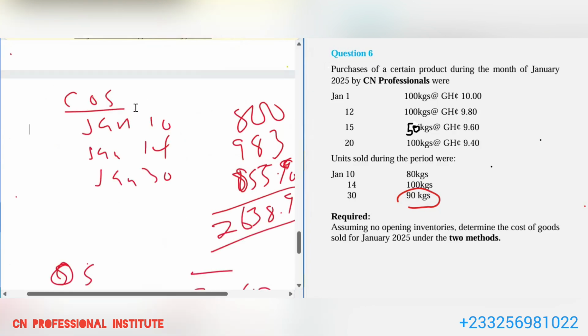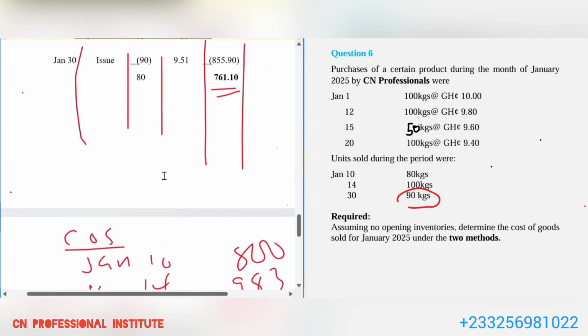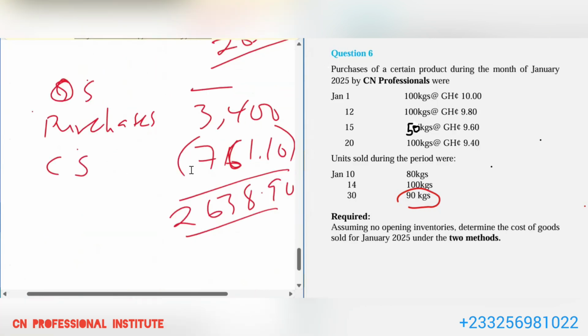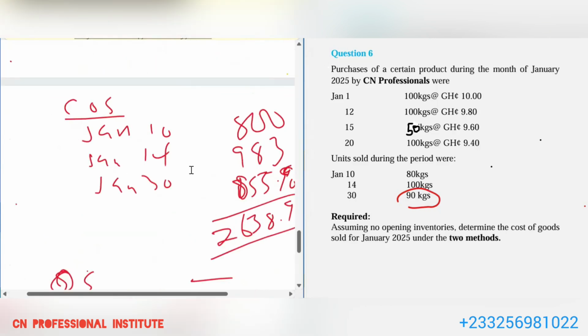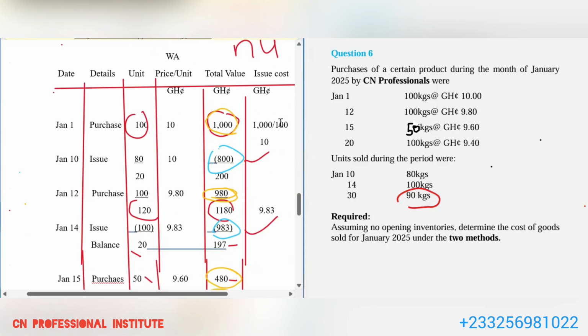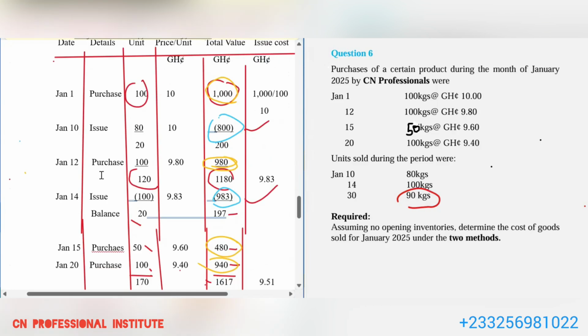So it's either you add all the issues in the question, or you bring your opening stock. There's no opening stock, then the purchases. So if you look at the question, these are the purchases. January 1, we had purchase 1 million. January 12, there's another purchase 980.